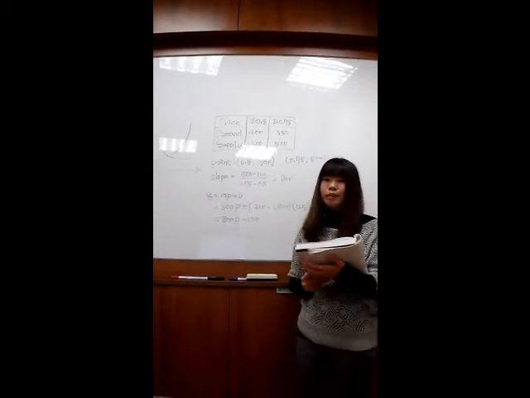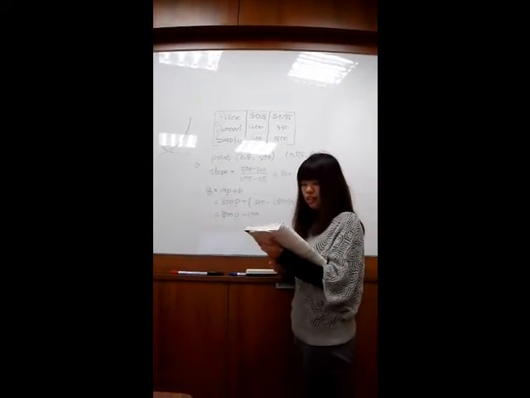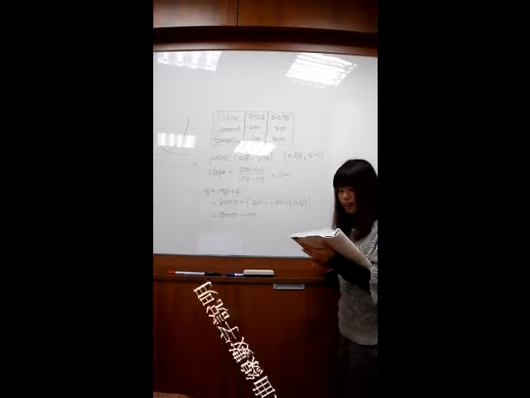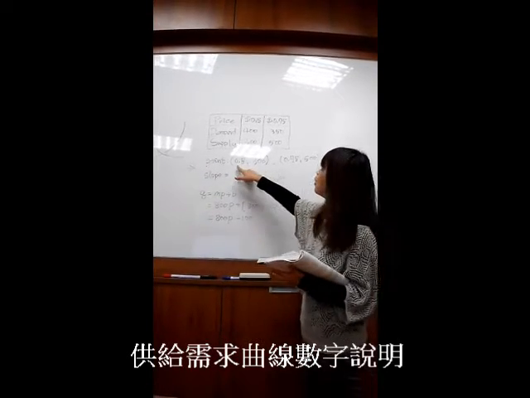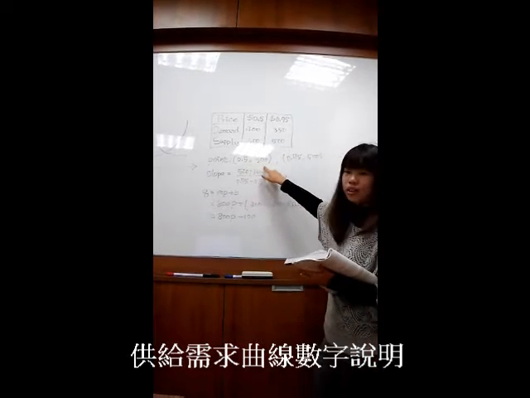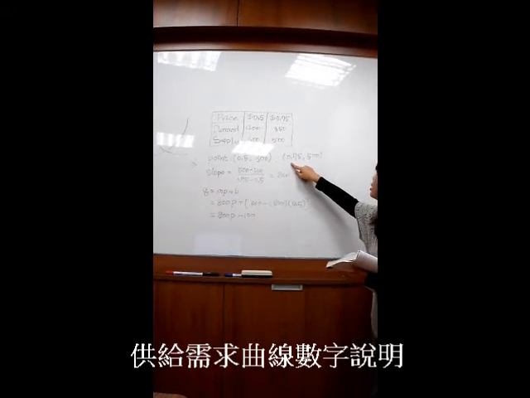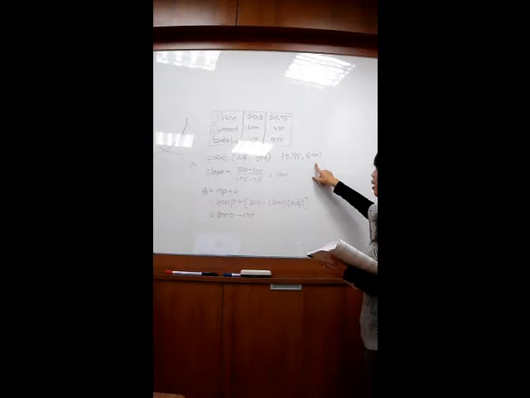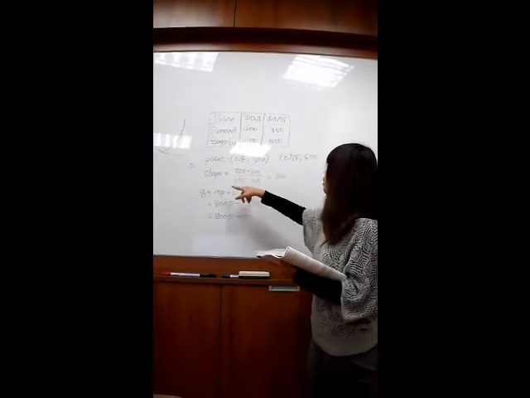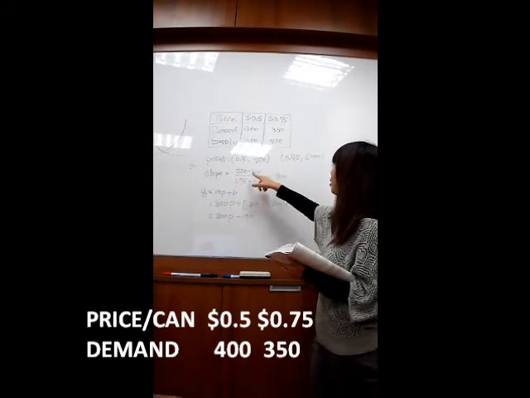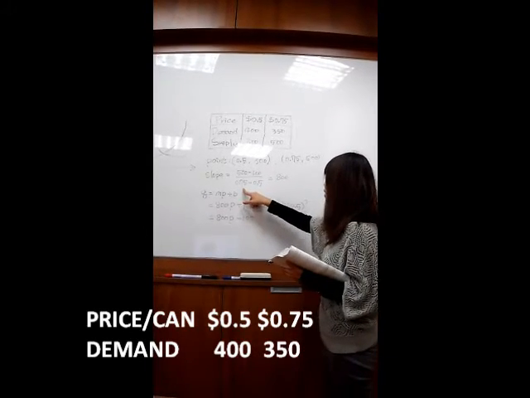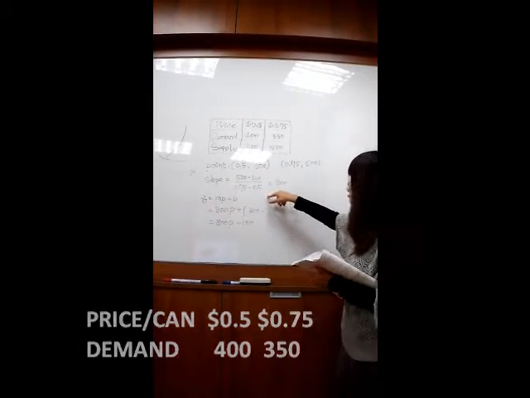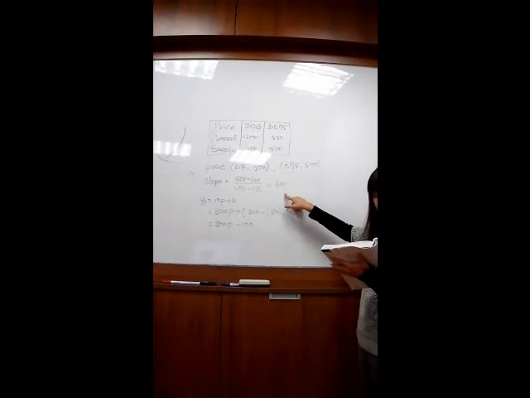To model the supply, we use the first and third rows of the table. We are again given 2 points. First is 0.5 and 300, and second is 0.75 and 500. And the slope is 500 minus 300 divided by 0.75 minus 0.5, which equals 800.